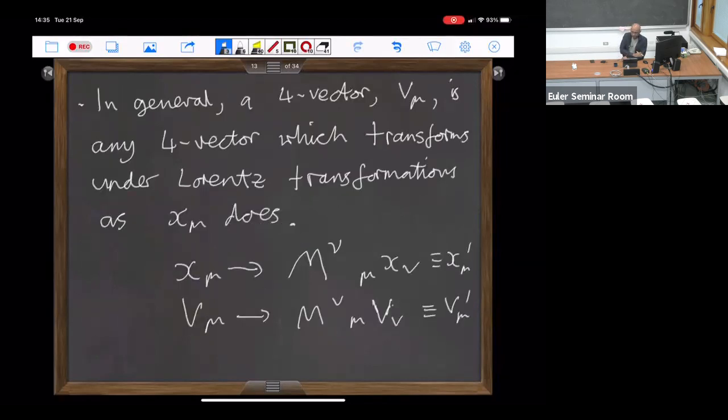All right, so we've been using x mu, but there are many 4 vectors that play roles in physics, and also objects with more than one Lorentz index. So a 4 vector V lower mu is simply one that has the same transformation properties as x lower mu.